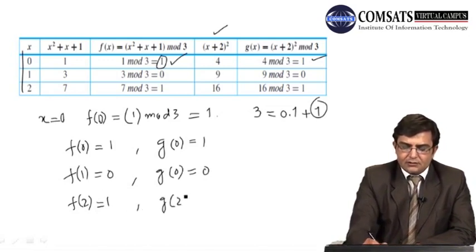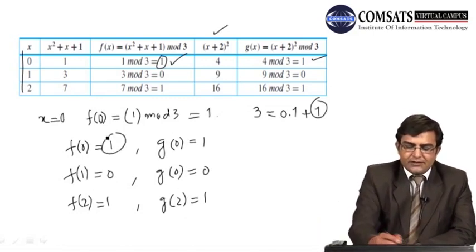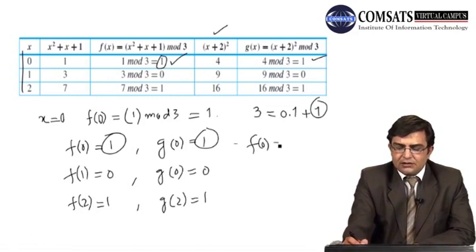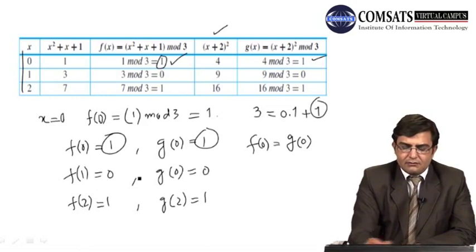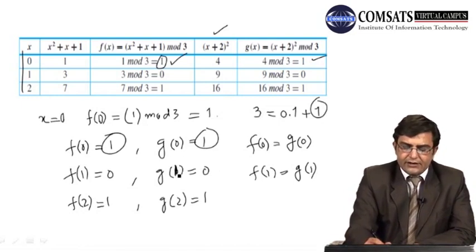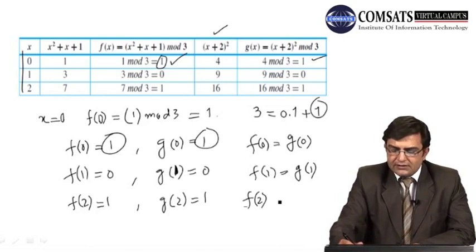G of 2 is also 1. Now we can check 1 is equal to 1, means f of 0 is equal to g of 0. We can check here f of 1 is equal to g of 1, and f of 2 is equal to g of 2.